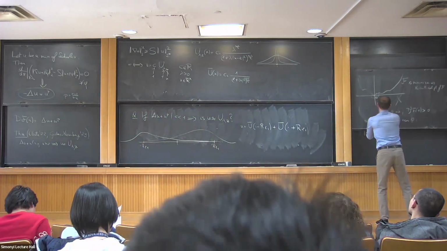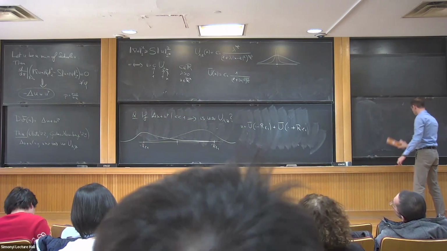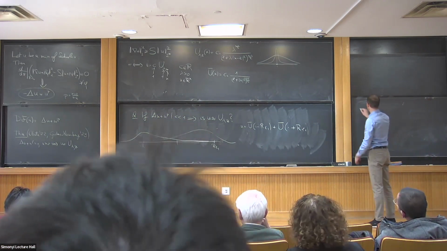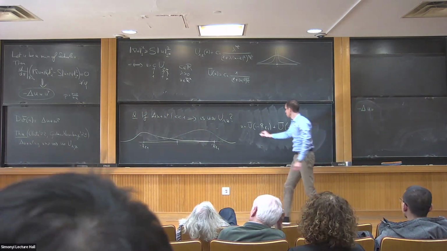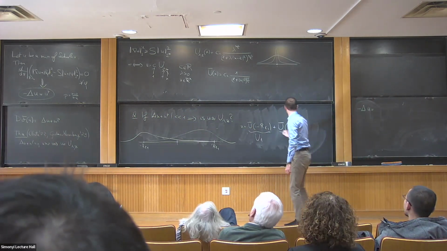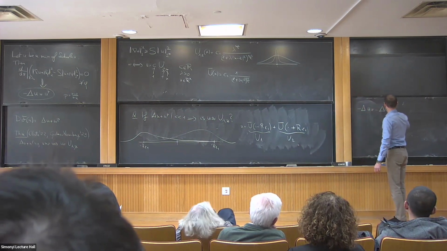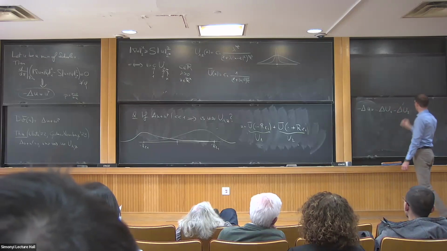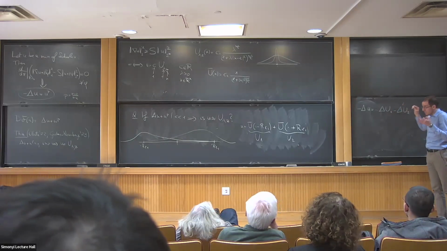And now, if you do the operation, so you have minus Laplacian U equal. So let me call this U1 and this U2. So this is minus Laplacian of U1 and minus Laplacian of U2. Now, each of these is a minimizer, so it solves the PDE perfectly.